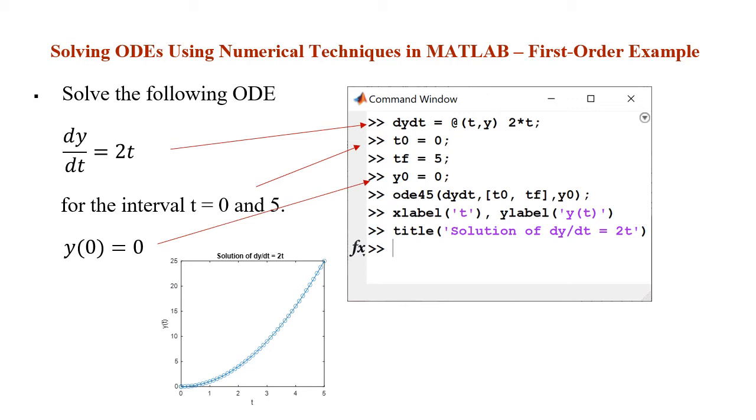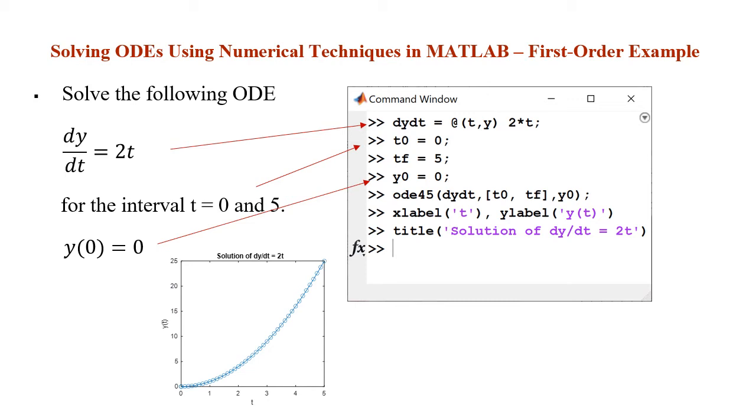And as a title, I just type the solution of dy dt is equal to 2t, and observe that the function I'm trying to solve here is dy dt is equal to 2t, and the function that I can see in the plot is equivalent to t squared, right?